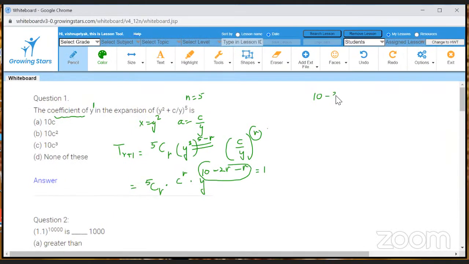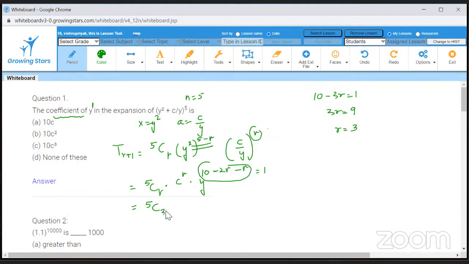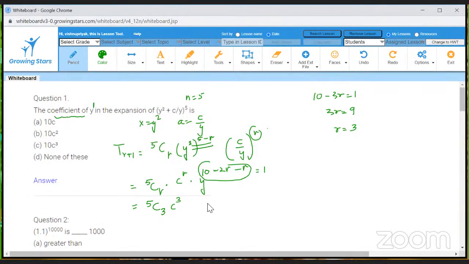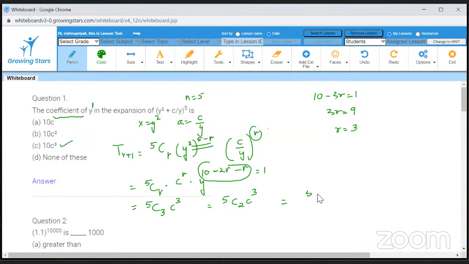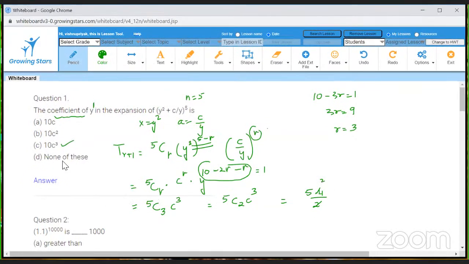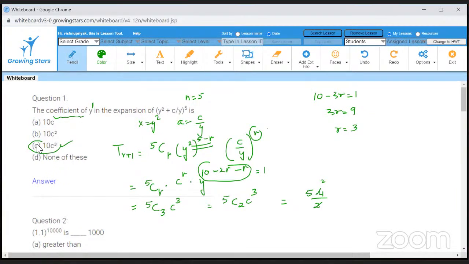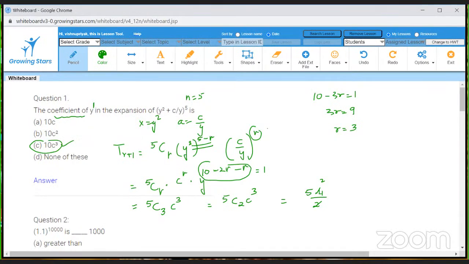So 10 minus 3r equal to 1, 3r equal to 9, r equal to 3. So the coefficient will be 5C3 c power 3. But 5C3 means 5C2, and 5C2 is 5 into 4 by 2 factorial. So it is option C because we are getting 10.